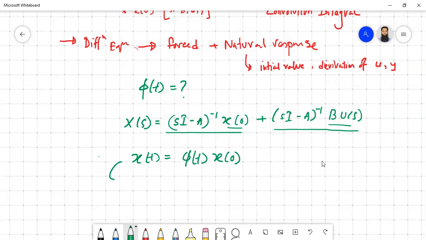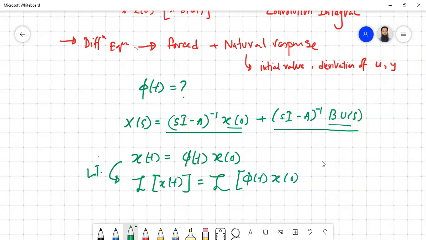If you take the Laplace transformation of the homogeneous equation, it gives something like this, which is the same as this part.